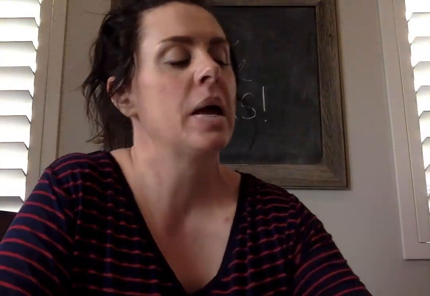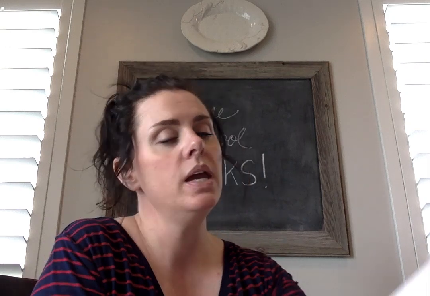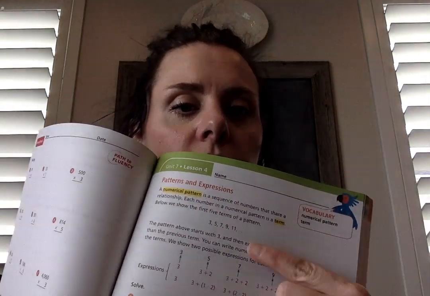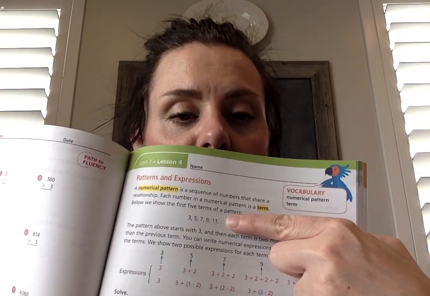It says a numerical pattern is a sequence of numbers that share a relationship. Each number in a numerical pattern is a term. So if we are looking at the first 5 numbers in this pattern, each one of those numbers is considered a term.